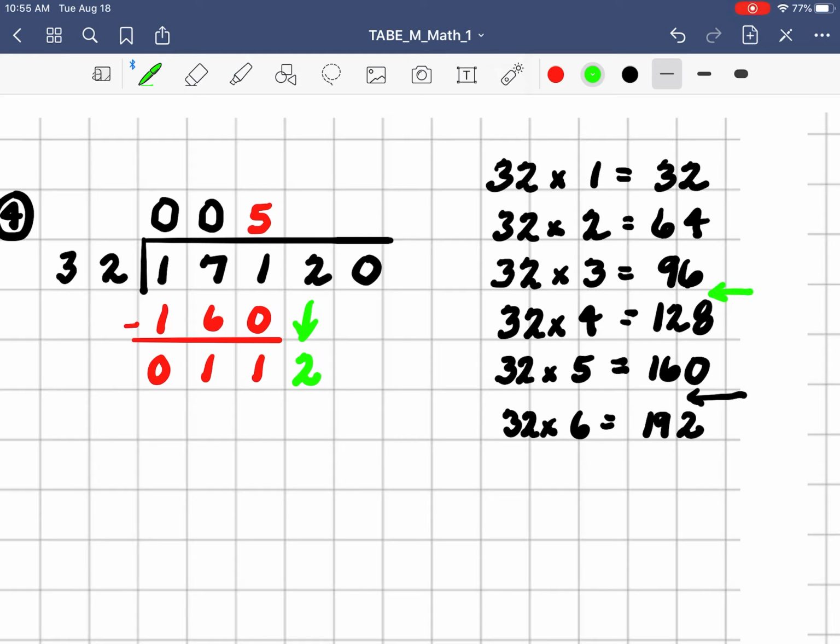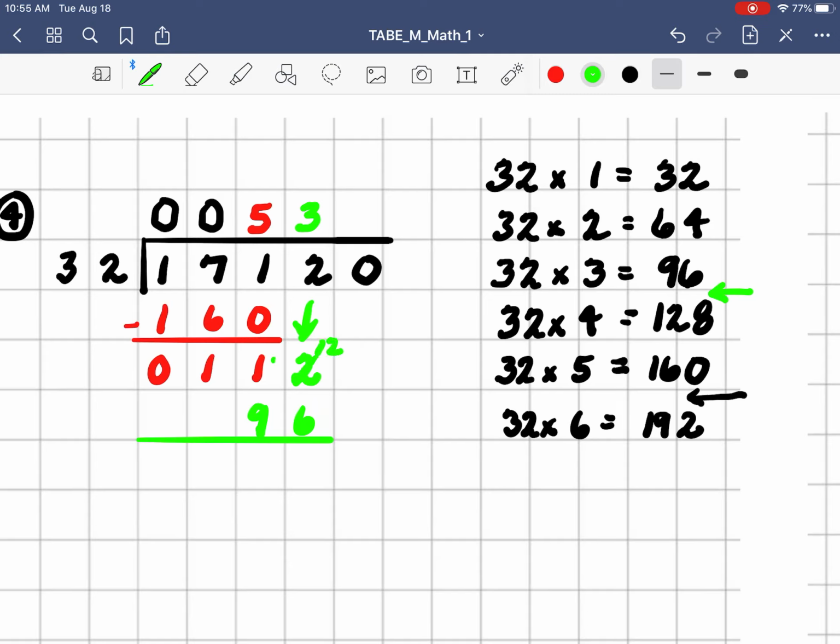That's going to be between 3 and 4, so we go with 3. It's like The Price is Right. You get as close as you can without going over. So 3 times 32, we've already got that written over there, is 96. So we're going to subtract.